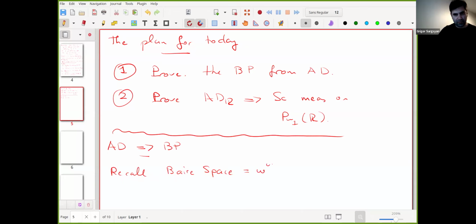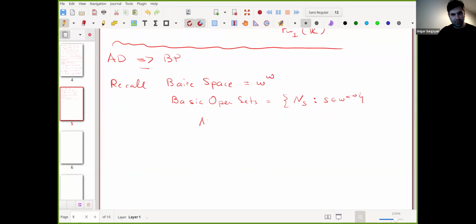So recall that Baire space is omega to the omega. The basic open sets are things like N_S, where S is a finite sequence, and N_S is the set of X in omega to omega such that X restricted to the length of S is S. The domain of S is just some finite integer, and you can think of it as the length, because you can think of S as a sequence.